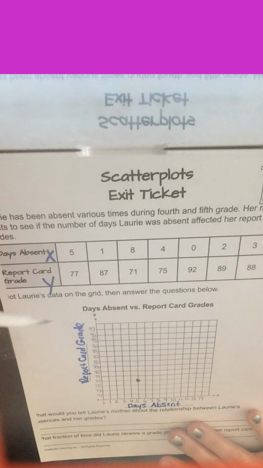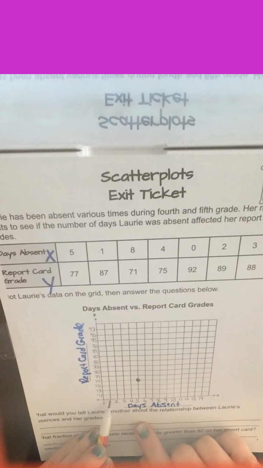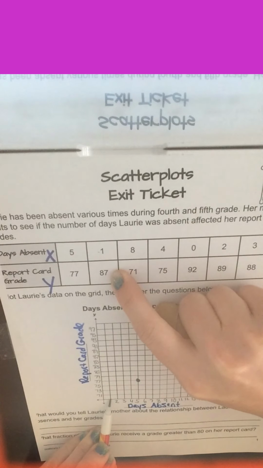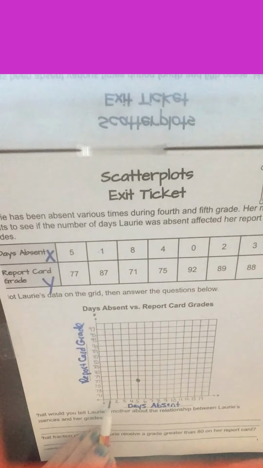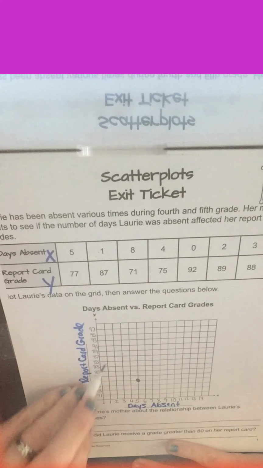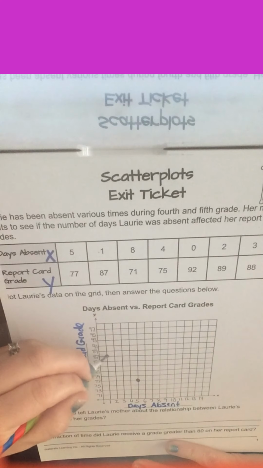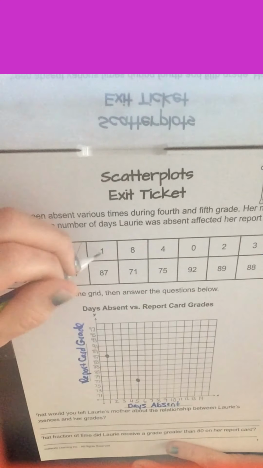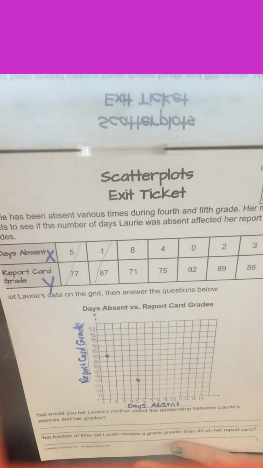So next we have, for days absent, 1, so that would be our X. So I'm going to go over here. I've got my X right here, but then looking at our Y, it is 87. So I'm going to need to go all the way up to 87, and I'm going to plot that point as well. If you want to keep track like this, that's a good thing to do to keep organized in your thoughts.